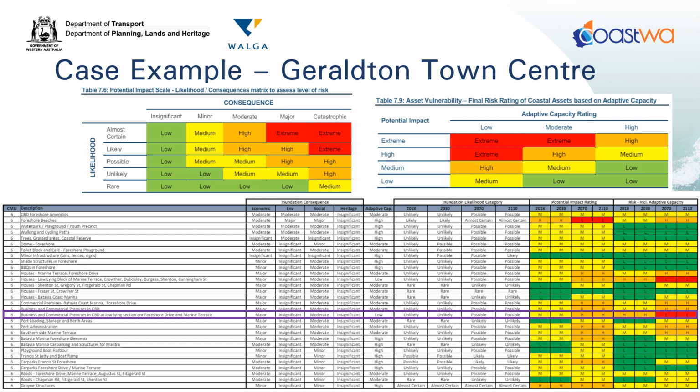So where we get to here is that we've got our businesses that we're talking about. So in the corner of Foreshore Drive and Marine Terrace, we've got our inundation consequences that have been assessed. The adaptive capacity here is noted as being low, although in reality it changes from moderate to low. And then we've got these likelihoods that we also assess, so unlikely, possible, and possible.